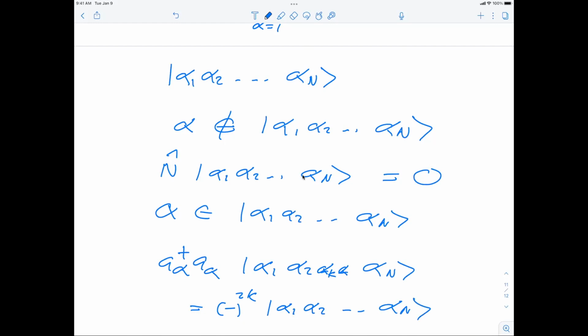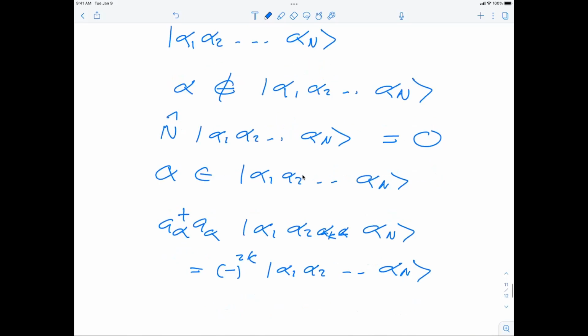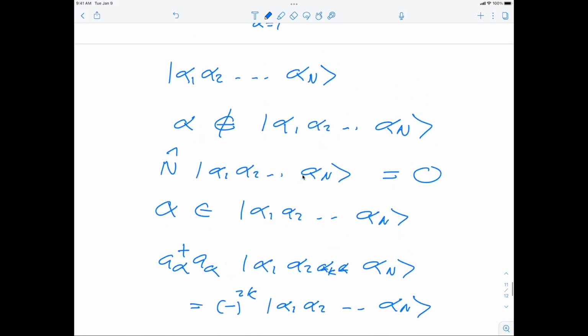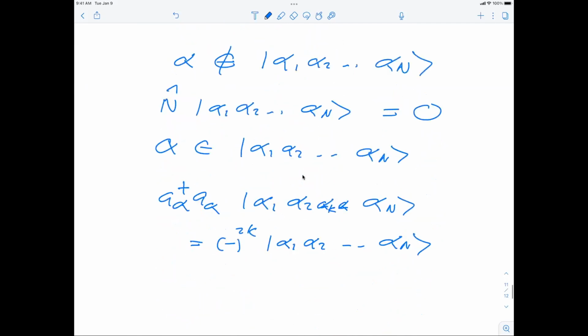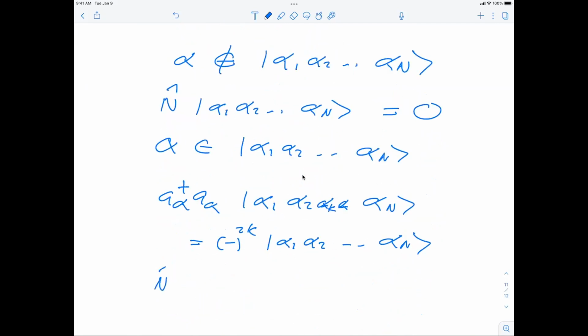If you go back to what we did when we derived the anti-commutation rule, that means that for every single one of these, this just produces the state again. And since we are summing n times over that, what you will see is that when this operator N acts on this state, alpha_1, alpha_2, up to alpha_n, this is simply the number of particles multiplied with alpha_1, alpha_2, up to alpha_n.